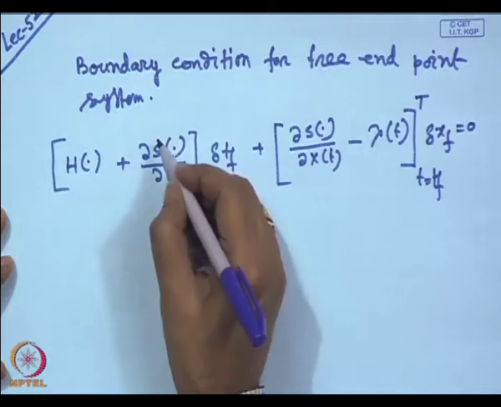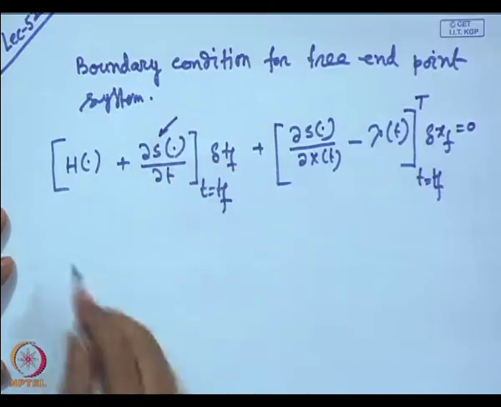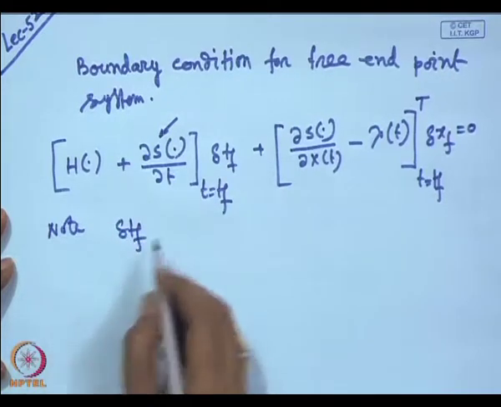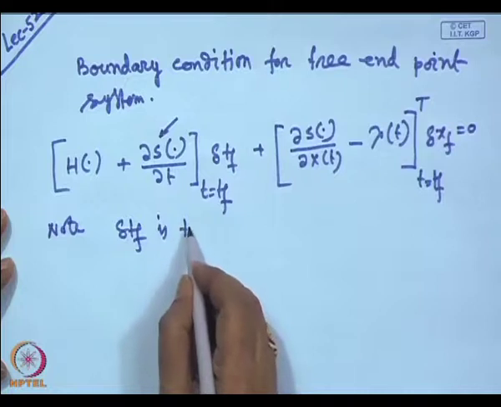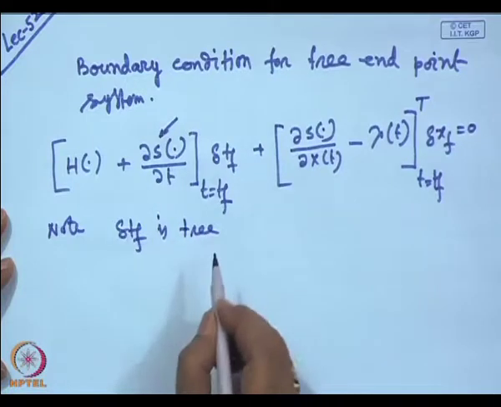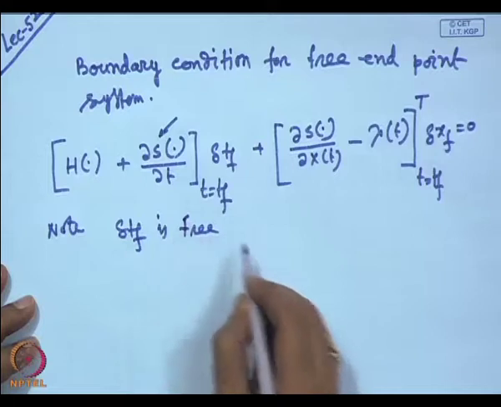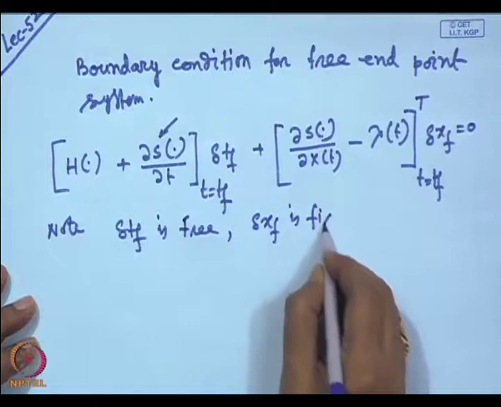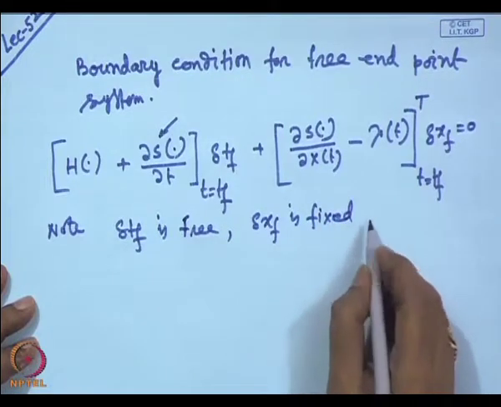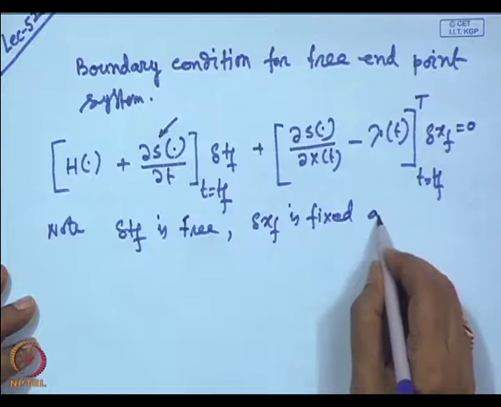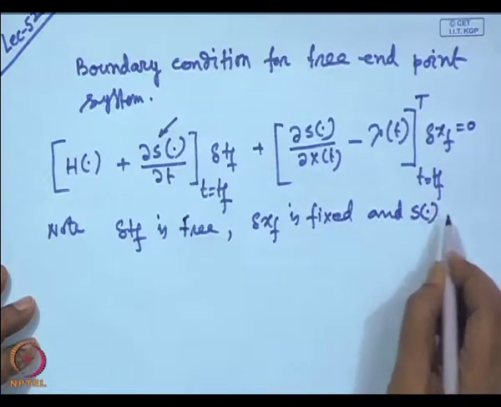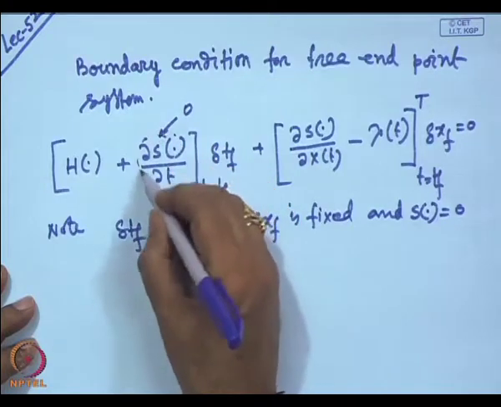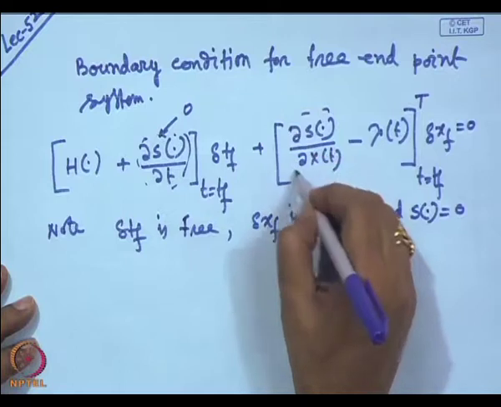Now, you see our terminal cost S is 0. If you note, delta T f is free, but delta x f is fixed. That means delta x f is 0 and we do not have any terminal cost S. So, this term will be 0, and this term also 0.